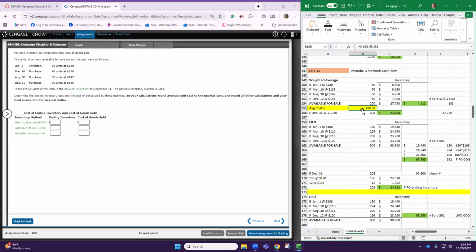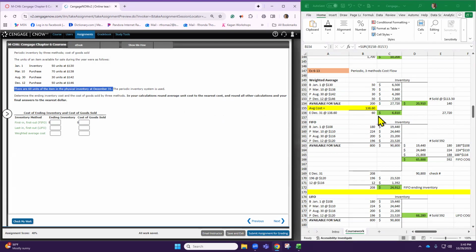So now that we have an average cost, I'm going to change that average cost to 138.60. Okay, and there are 60 units remaining, right? We have 200 units. There are 60 units. There it is in physical inventory.